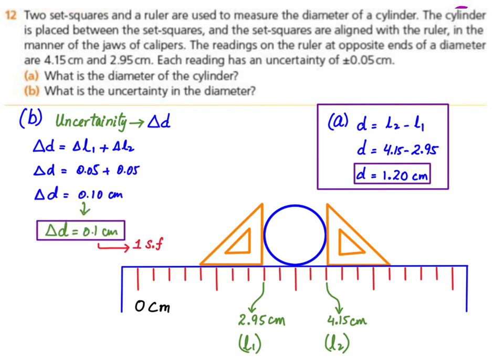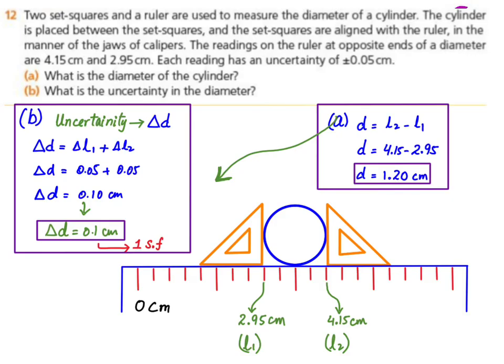For L1, the absolute uncertainty is 0.05. For L2, the absolute uncertainty is 0.05. Added together, they give the final uncertainty as 0.1 centimeter. And you know that uncertainties are always given to one significant figure. So you have found D, the value of the diameter, and delta D, the absolute uncertainty in this value.